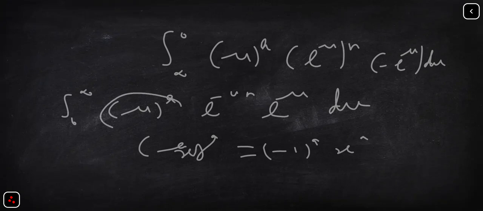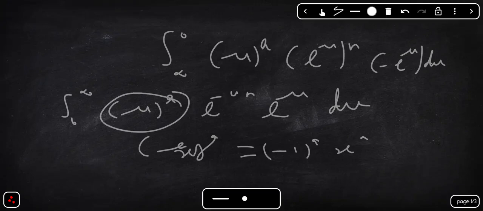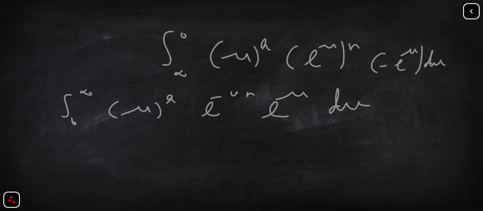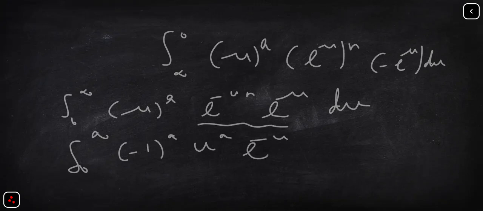So I can write this as minus 1 raised to the power of a, integral from 0 to infinity, u raised to the power of a, and you apply the law of indices here, so that will be e raised to the power of minus u into bracket n plus 1, u.